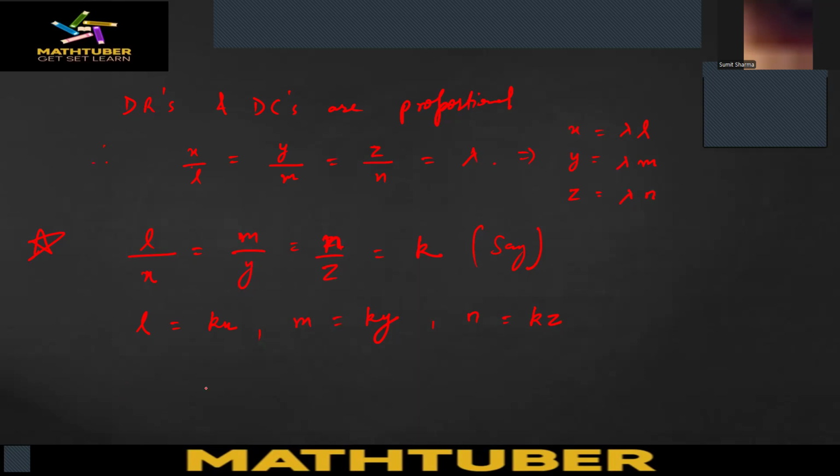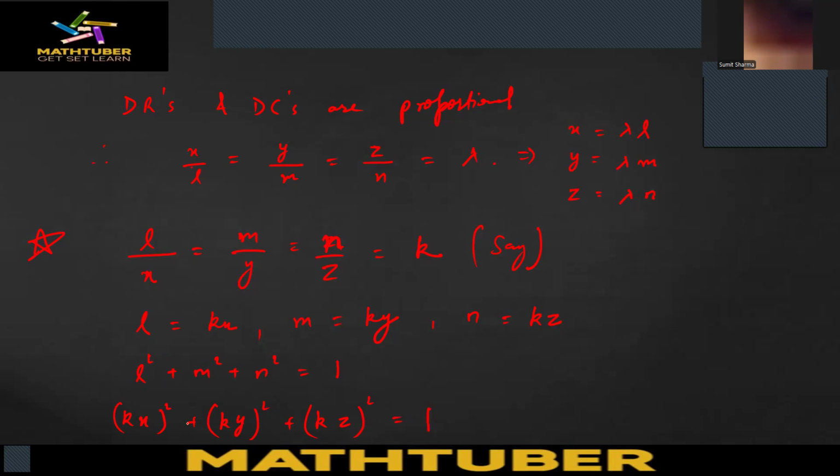Now, as we discussed in the previous chapter also, L square plus M square plus N square is always equal to 1. We know this, right? So if we put all the values here, kx whole square plus ky whole square plus kz whole square is equal to 1.